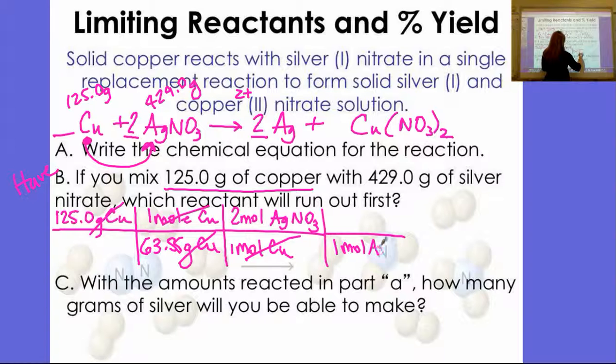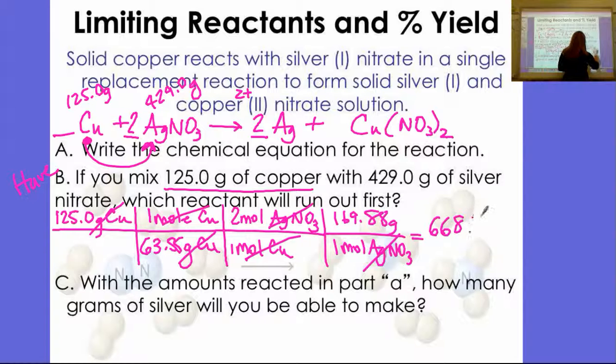So 1 mole of silver nitrate, again looking on the periodic table, is 169.88 grams. When I calculate that out, that gives me 668.3 grams of silver nitrate.